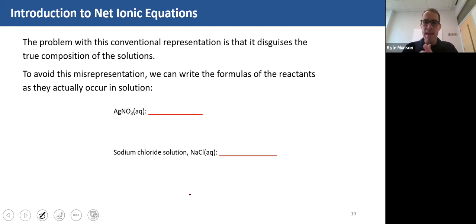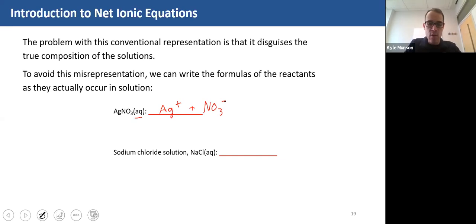So the problem is that it doesn't tell us the true composition of the solution, which is the ions. So to avoid this misrepresentation, which is going to be important as we go on, we can write the formulas of the reactants as they actually occur in solution. So again, a silver nitrate solution, which is what that AQ means, or aqueous, is going to be silver ions and nitrate ions.